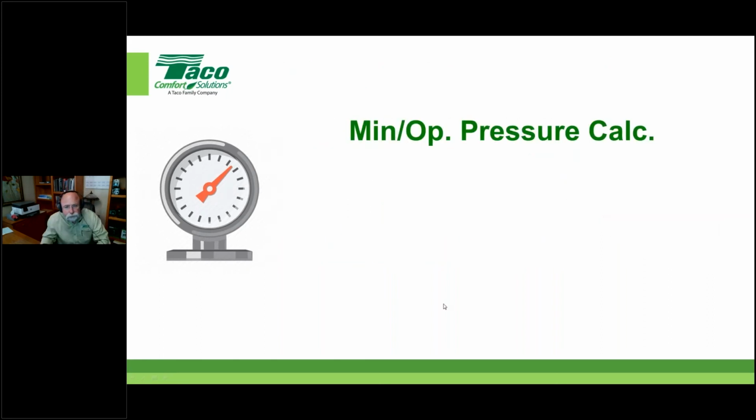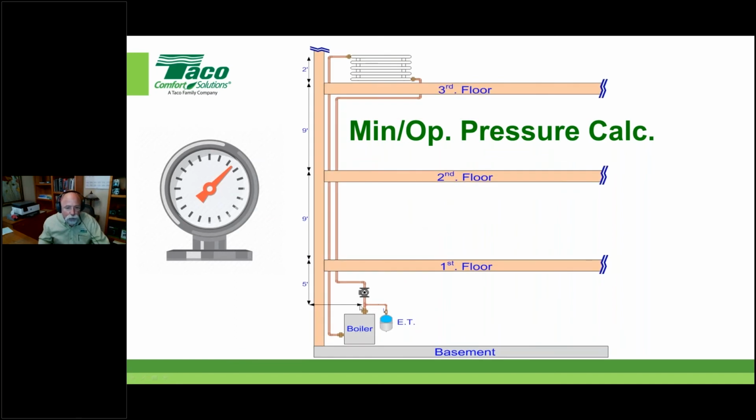So, minimum or operating pressure calculation, I'm showing you here. What we're talking about is where the expansion tank meets the system, in this case, showing you right there. I'm going to measure from there up to the highest portion of the system that has a heat emitter on it. In this case, it kind of looks like a panel radiator or a towel bar or whatever.